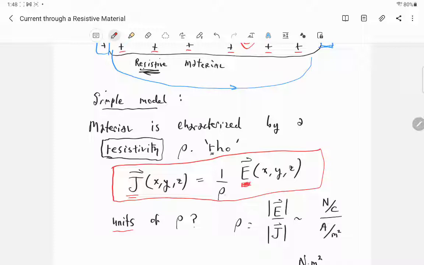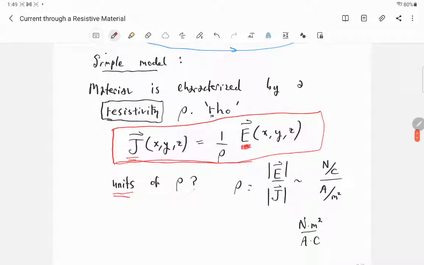But if your resistivity is 0, that's the situation of a perfect conductor. 1 divided by 0 is infinity, and the current density that you're going to get is infinity if you have an infinitely good conductor. But real materials, including copper and gold, which have very, very low resistivities, it's not 0 resistivity. So this is our model. It just models the current density being proportional to the electric field, where the proportionality is 1 over the resistivity.